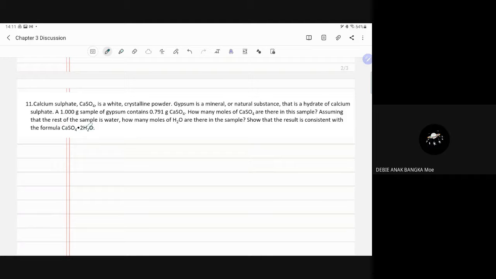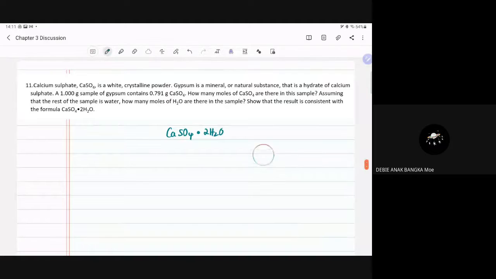Okay, so kalau kamu tengok compound macam ni kan, CaSO4 dot 2H2O, ini maksudnya compound salt ini dia dikelilingi oleh berapa molekul air. So kalau kita tengok sini CaSO4 dot 2H2O, maksudnya kalau kita ada satu, so kita tahu this is Ca2 plus, this is SO4 2 minus.